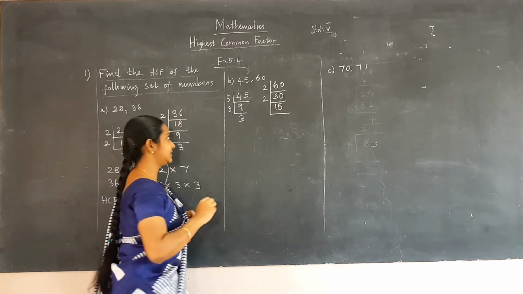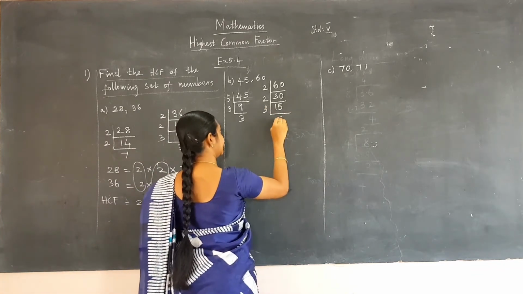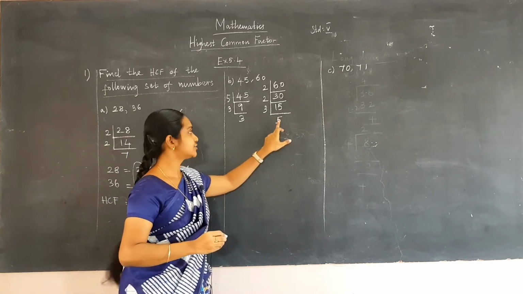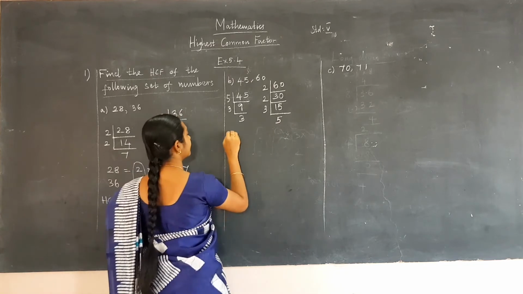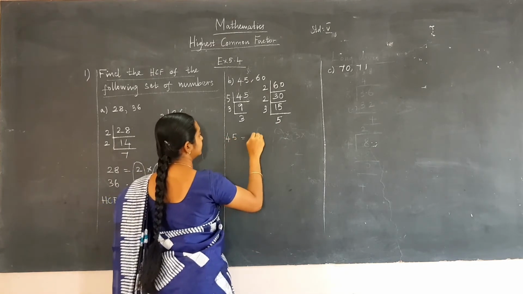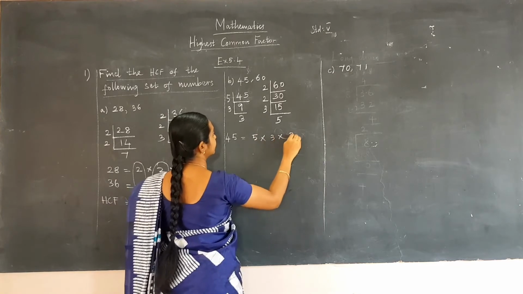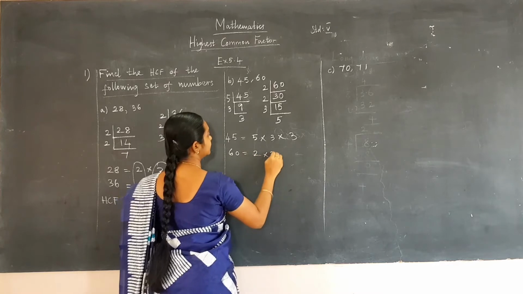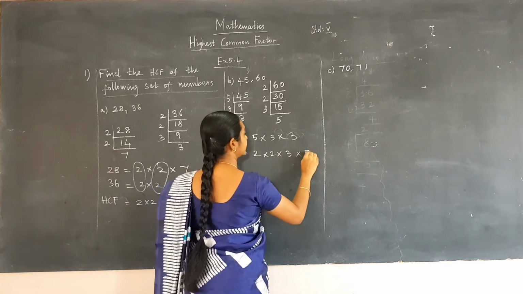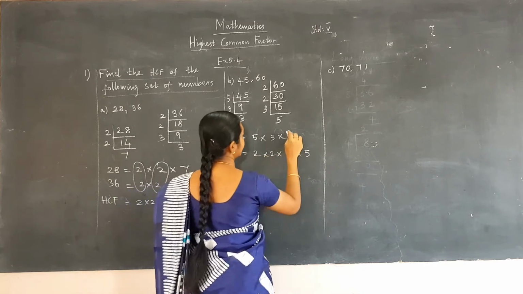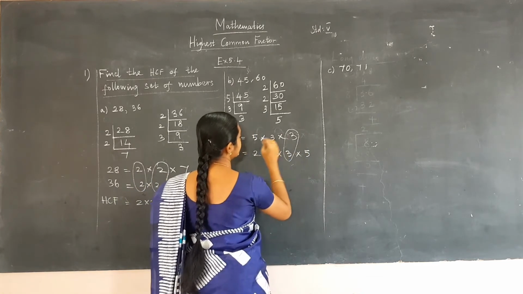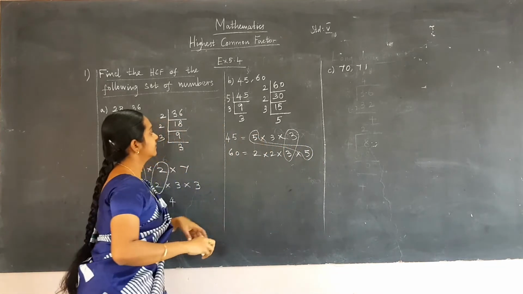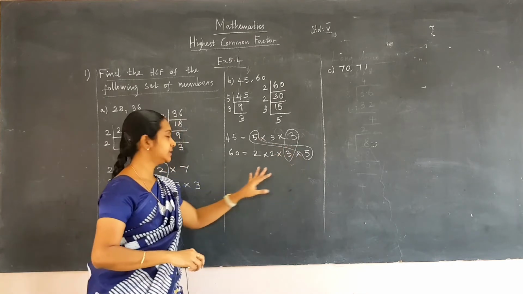Factorize it with number 3. 5 3s are 15. 5 is a prime number, so we can stop with that. 45 equal to 5 into 3 into 3. 60 equal to 2 into 2 into 3 into 5. 3 is common here. 5 is also common here. 3 and 5 are only common here.